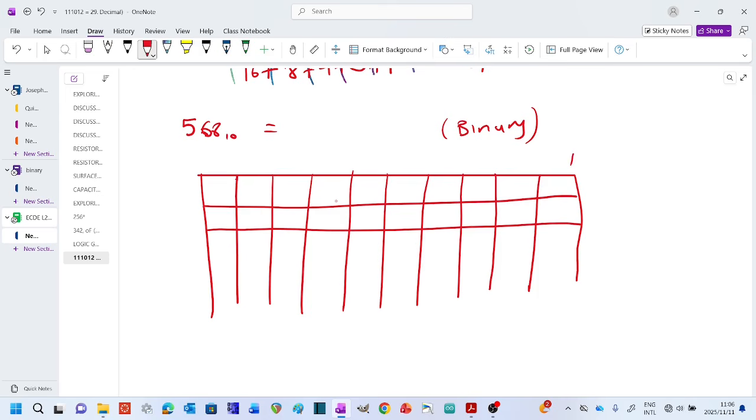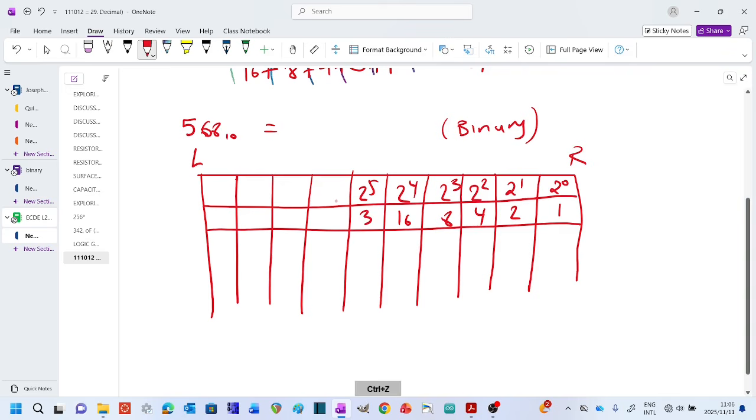So we start from right to left. 2 to the power 0 is 1. 2 to the power 1 is 2. 2 to the power 2 is 4. 2 to the power 3 is 8. 2 to the power 4 is 16. 2 to the power 5 is 32. 2 to the power 6 is 64.